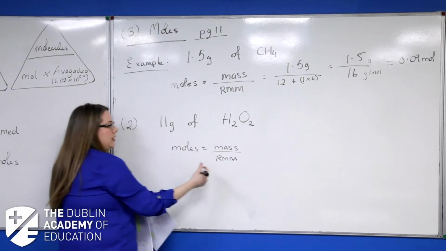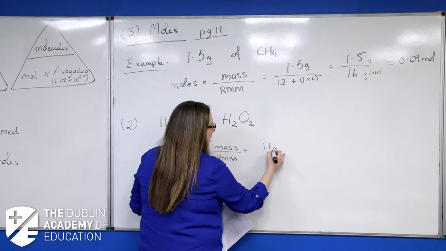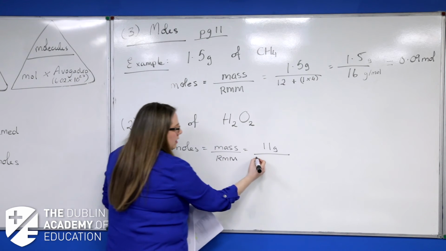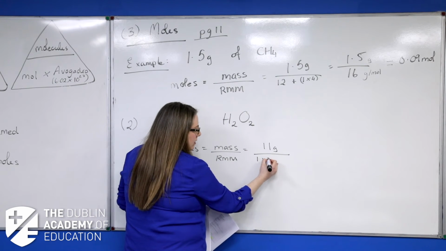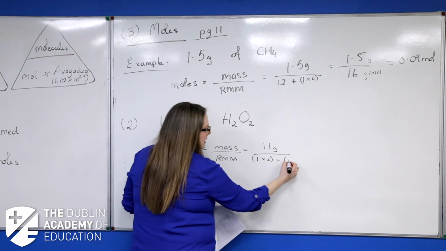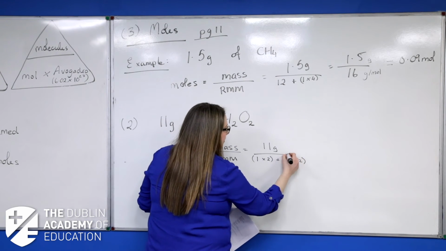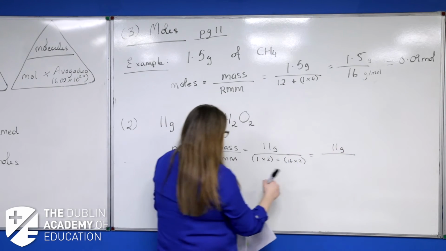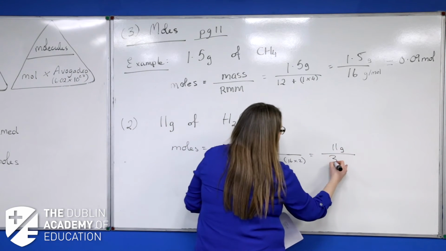So again, mass is given in the question. And then the RMM of hydrogen peroxide, so there's mass of hydrogen is 1, and there's 2 of them. Oxygen, mass of oxygen is 16, and there's 2 of them. So it will be 11 grams over, so 32, 34.